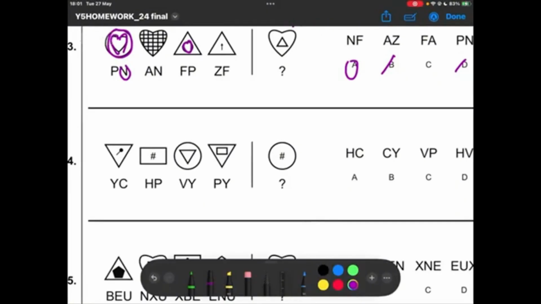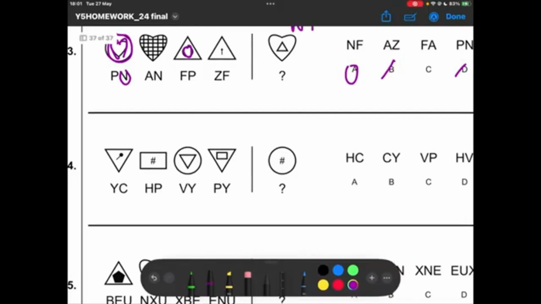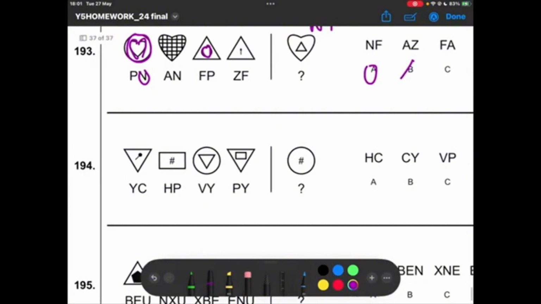Next question. These ones are a bit confusing because the letters are not in the same position. That's fine. So next, these three all have a Y in it and they all have triangles.